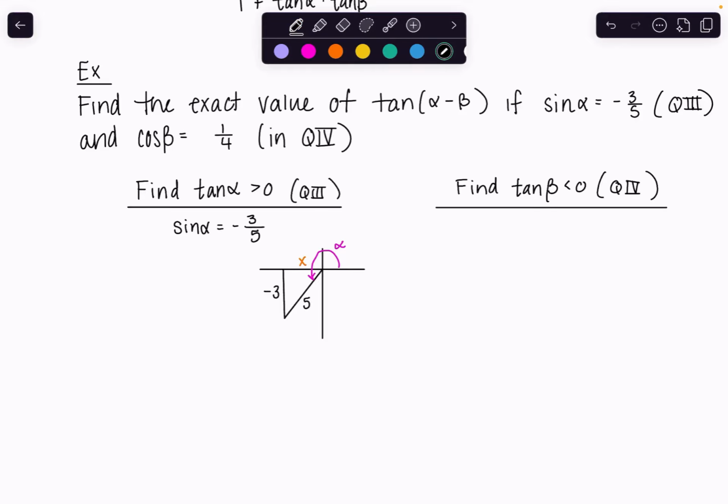So plugging in those pieces, I know that x squared plus y squared is equal to my hypotenuse squared. So that tells me x squared plus 9 is equal to 25. Subtracting the 9 gives us 16. And then taking a square root gives us 4. But because we are in quadrant 3, the x value would be negative there.